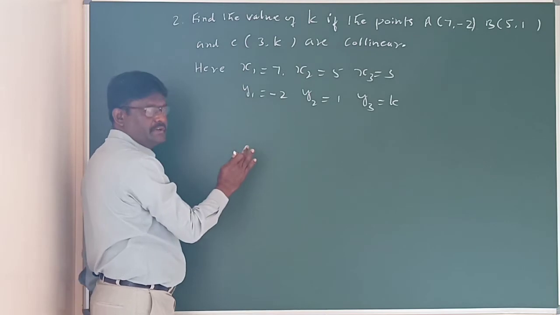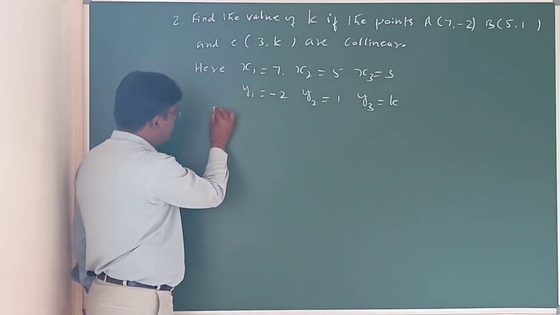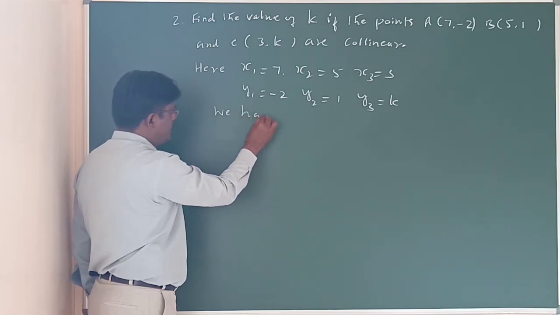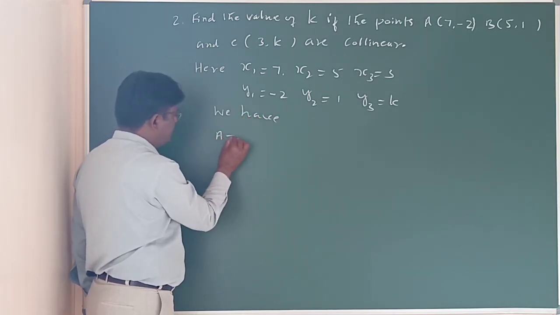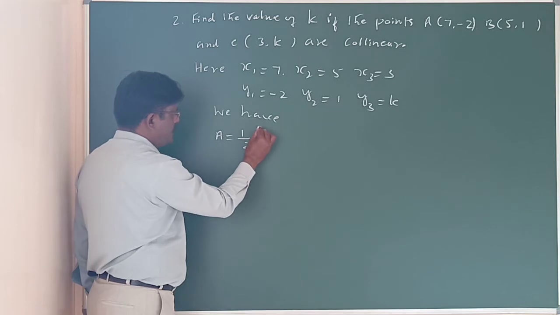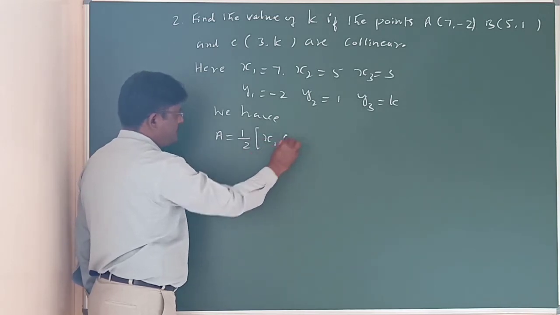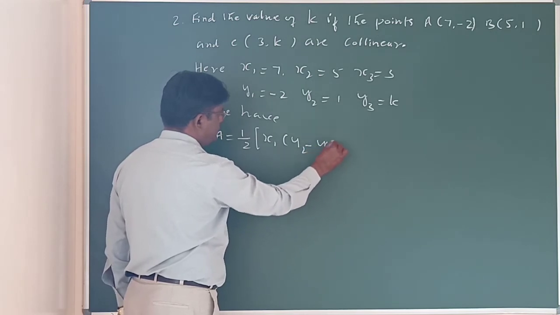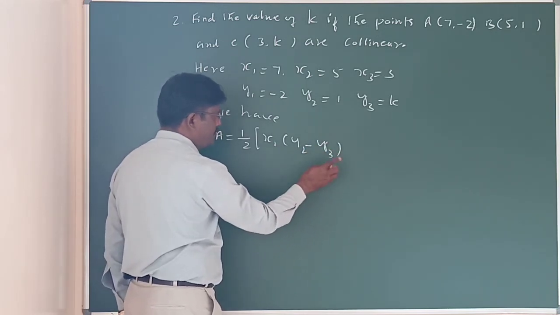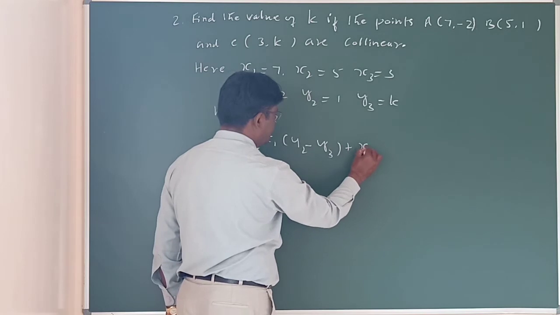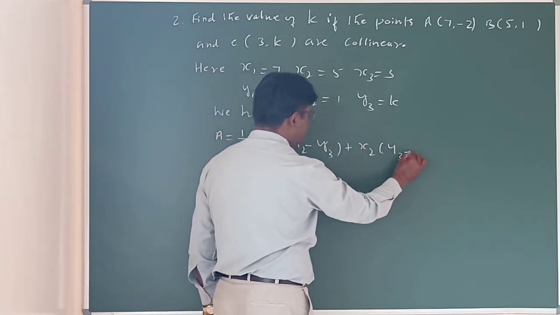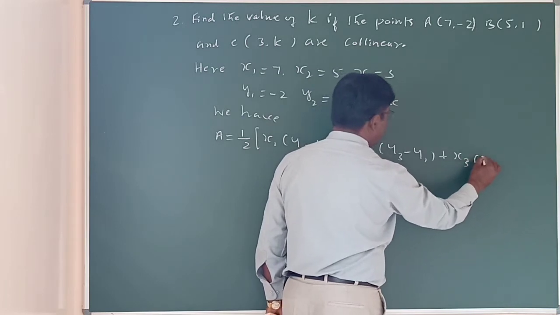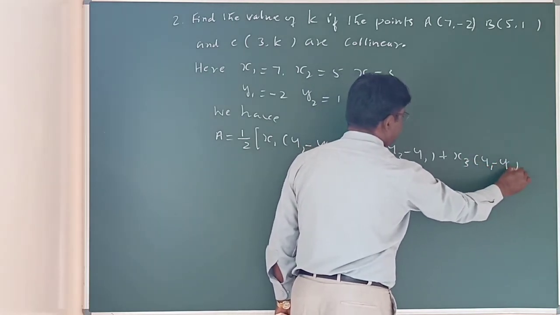Since the problem is on 3 points, it is on area of triangle, and we know that A equal to half of x1, y2 minus y3, plus x2, y3 minus y1, plus x3, y1 minus y2. Just remember it like this: 1, 2, 3, cycling.